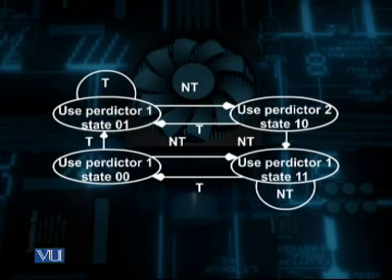This state transition diagram shows that the counter is incremented whenever the predicted predictor is correct and the other is incorrect, for example, in this case, the transition written as 1/0.